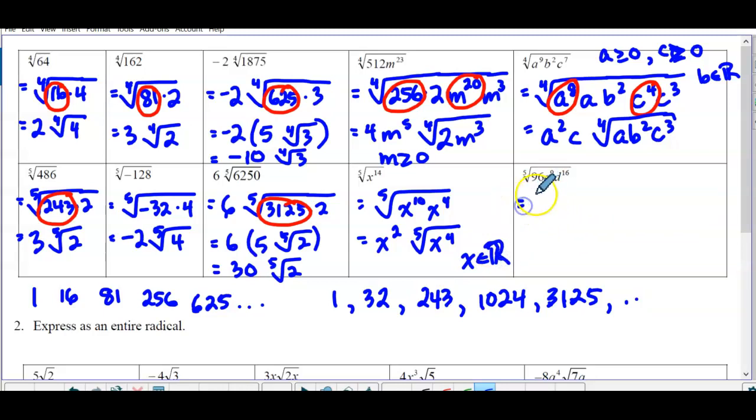Then 96. So what's 32 times 3 is 96. C to the 9, so that would have to be c to the 5 times c to the 4. 5 doesn't go into 16, but it goes into 15, so d to the 15 times d.